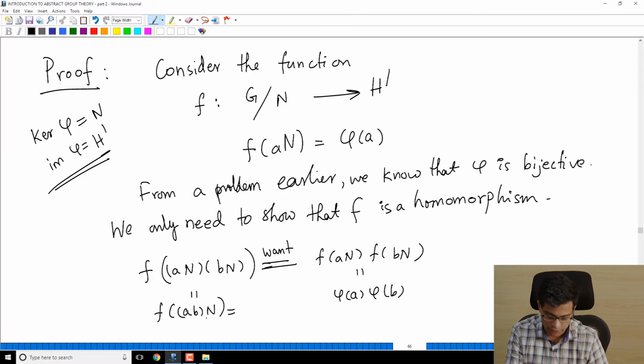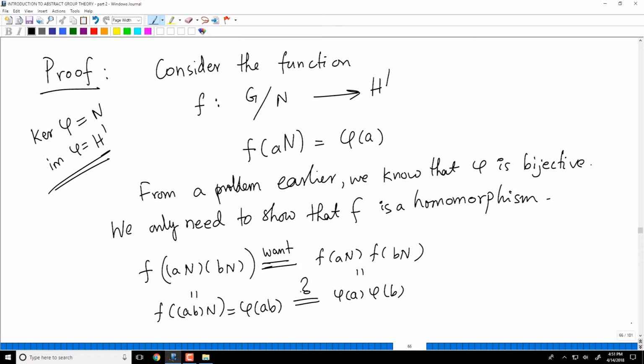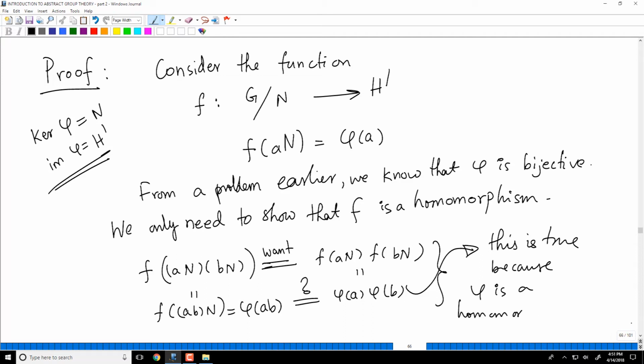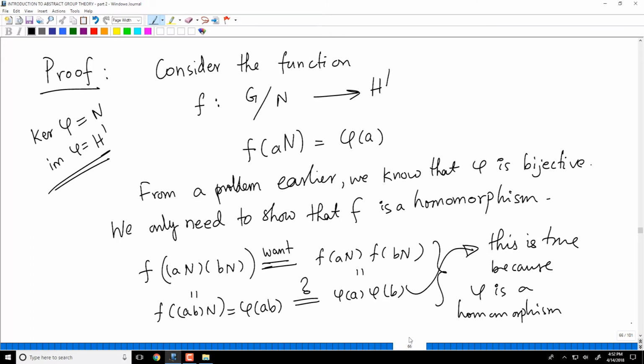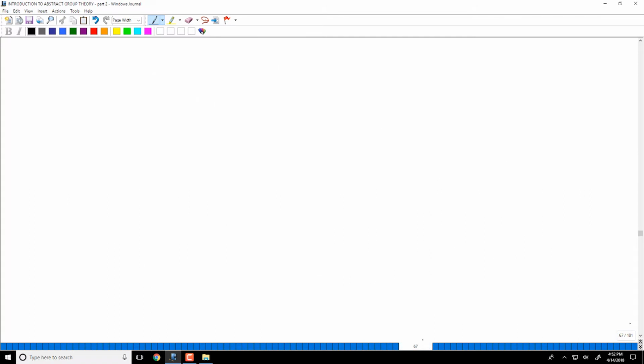So f(abN) will be phi of ab. Now is this true? Is phi(ab) equal to phi(a) phi(b)? Of course it's true. This is true because phi is a homomorphism. And hence f is a homomorphism. So we have checked that f is a homomorphism. So the proof is done.